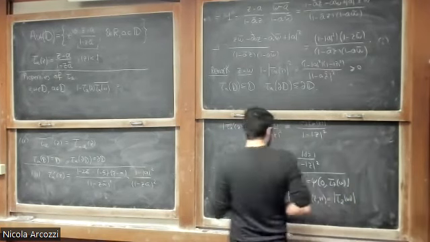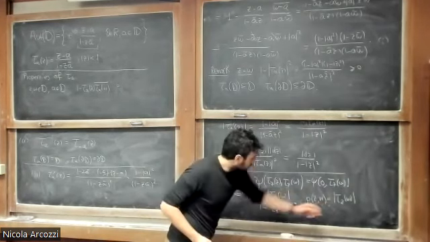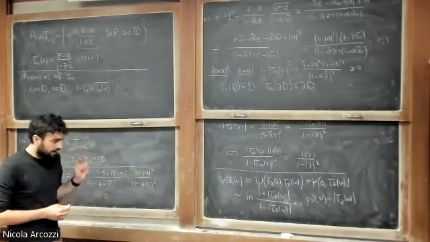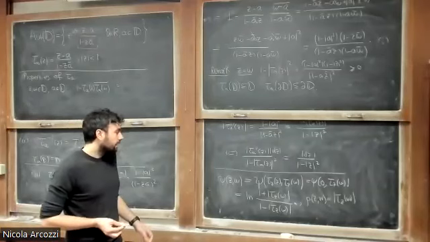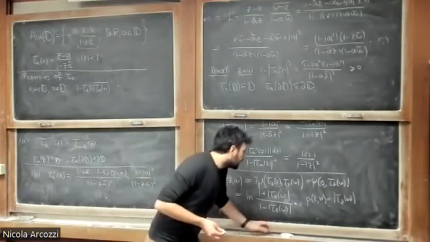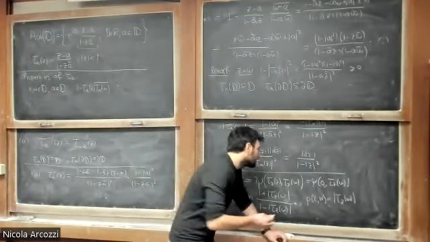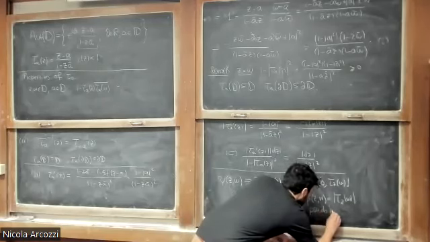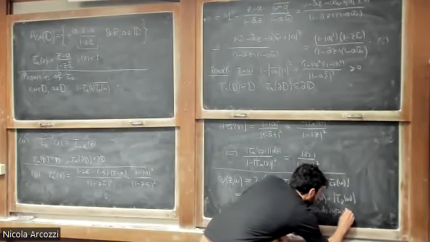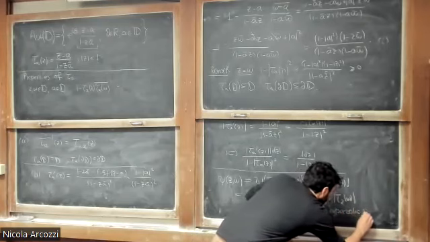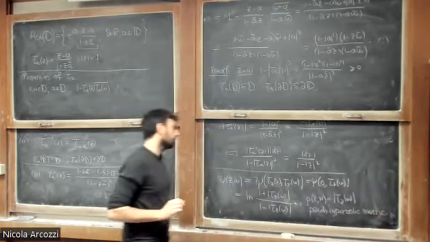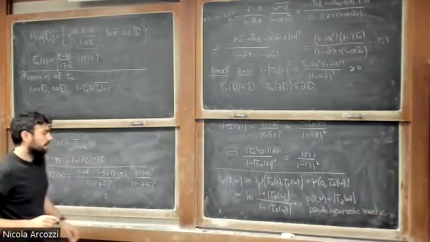So it can be proven that this quantity is also a metric, not an arc length metric, but it is a metric, and usually it's called pseudo-hyperbolic metric. It will appear more and more.